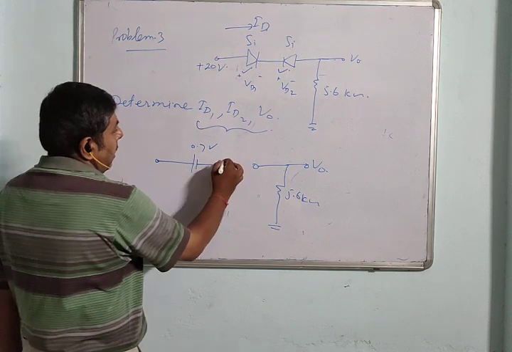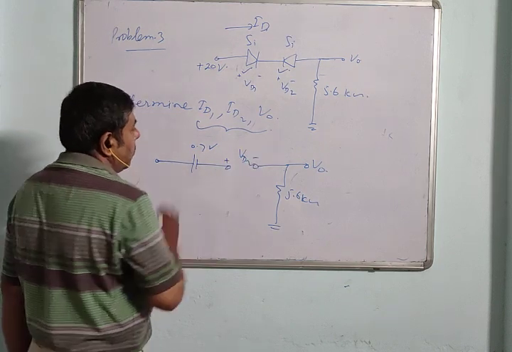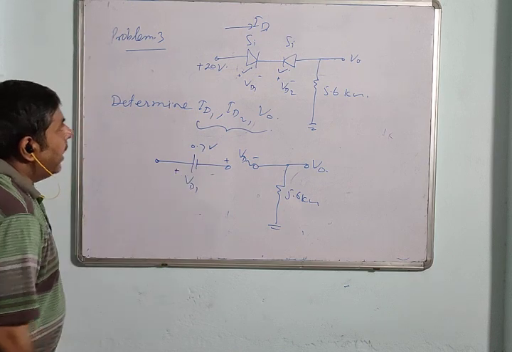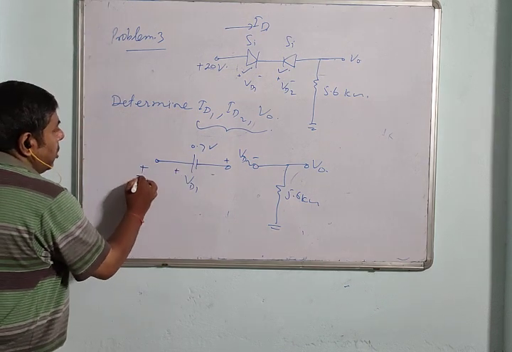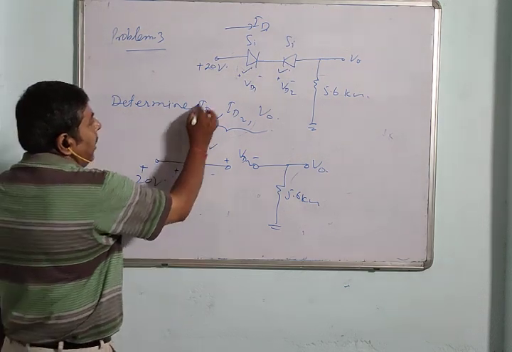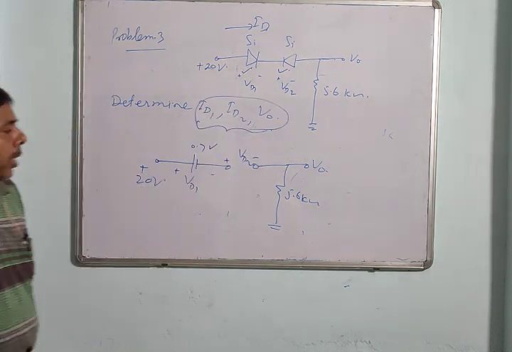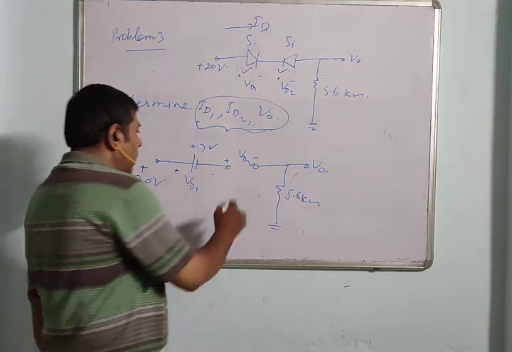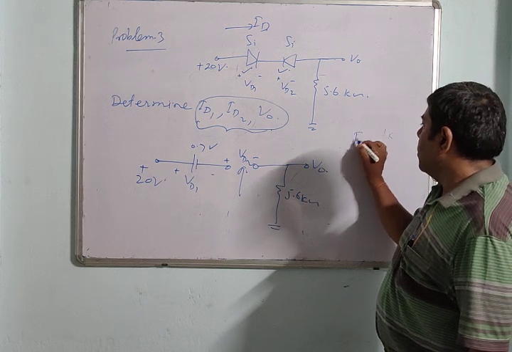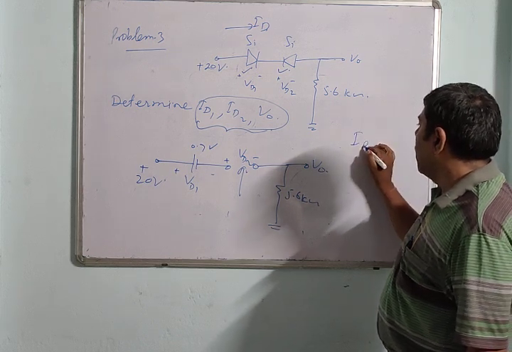Here drop is VD2. Here drop is VD1. And here you have applied voltage 20 volt. You have to calculate these three things. How can we calculate? First thing is, because this is open, all currents are zero.